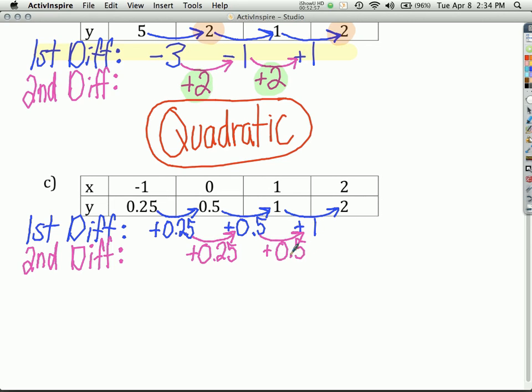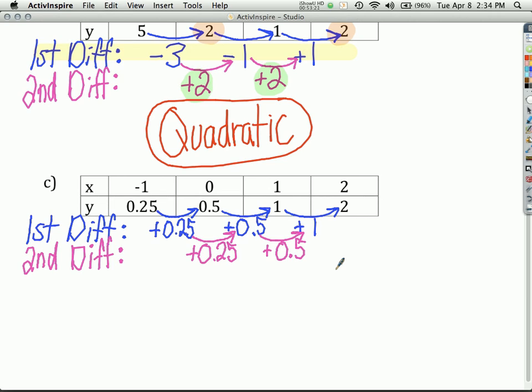So we didn't get the same thing again. So now we know it's not linear and it's not quadratic. So what is it? What is it going to be, Kadir? Exponential. It's going to be exponential, but maybe it's not. Maybe it's none of them.